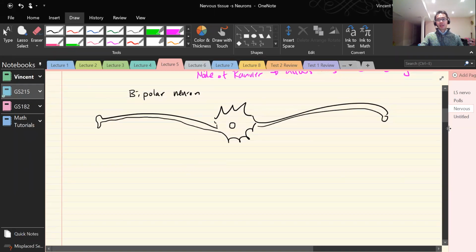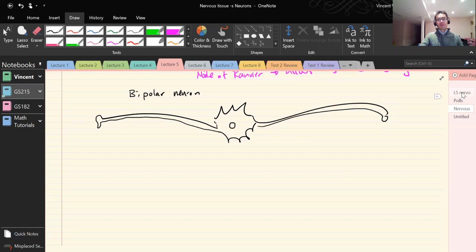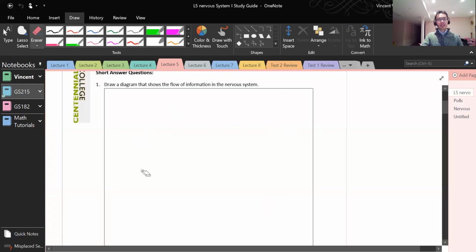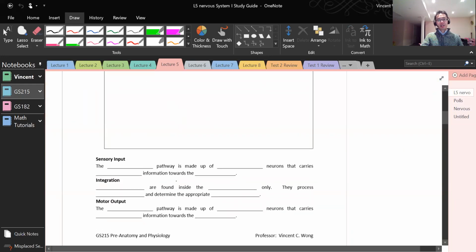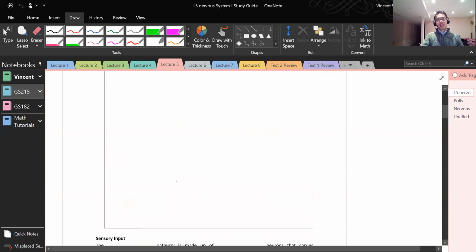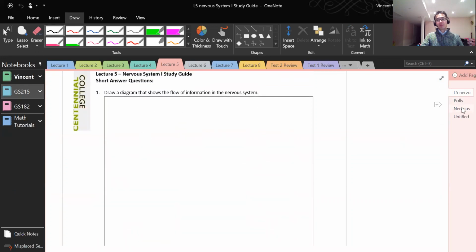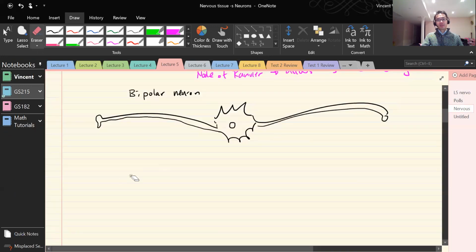Now we also talked about the pathway of information flow, right? Which is basically this diagram. I filled in this entire page in the lecture recordings, so you can watch that again if you haven't already. But I'm going to do a quick overview here for you. So, flow of information.